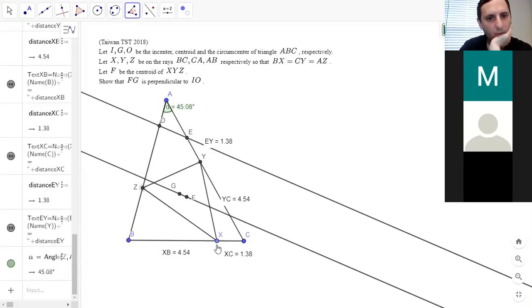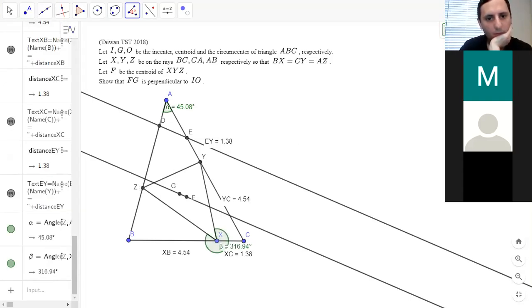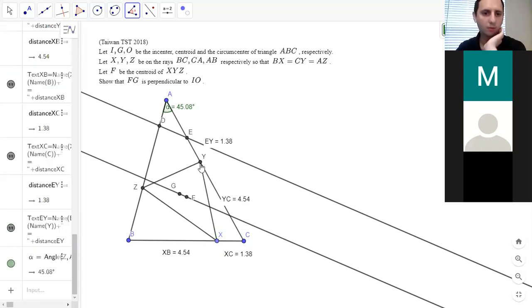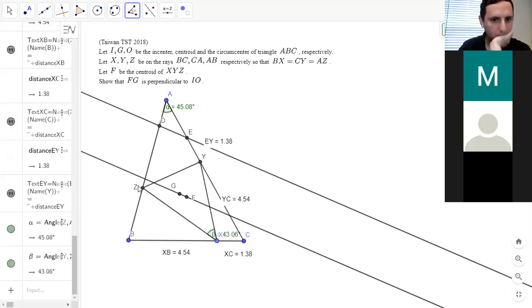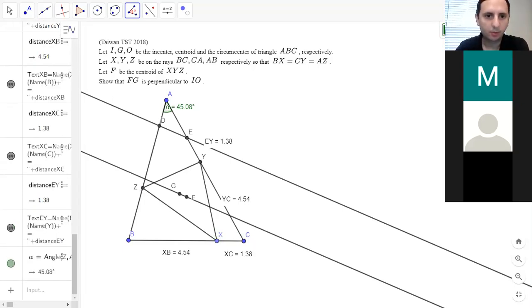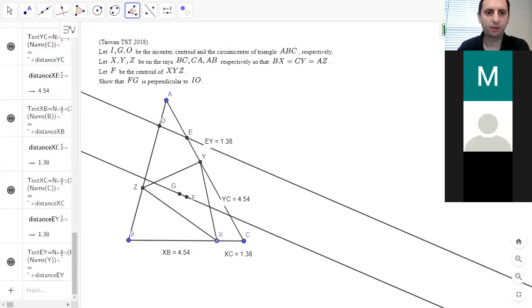Don't think so. I don't think those add up to 360. So let me just do it the other way. So yeah, we want to show the line joining the centroids is parallel to DE.